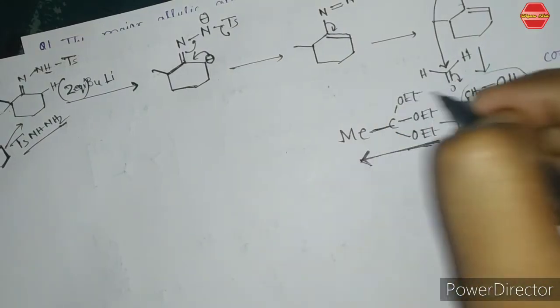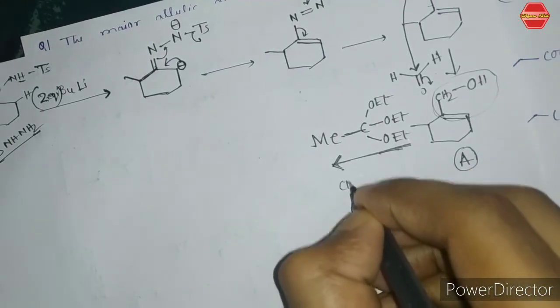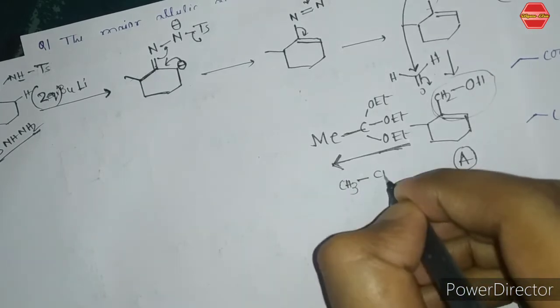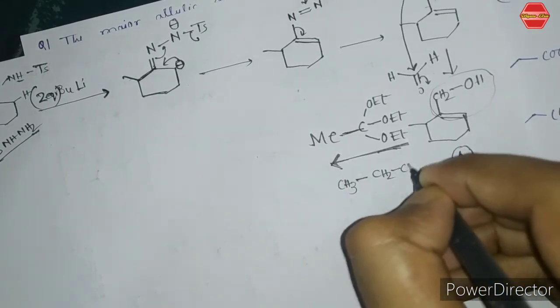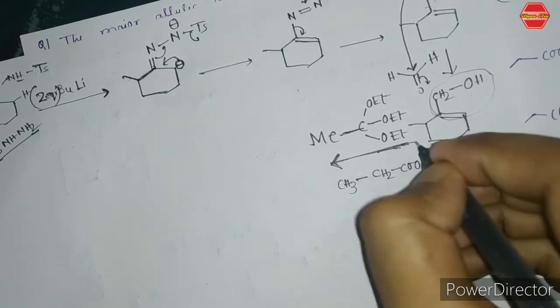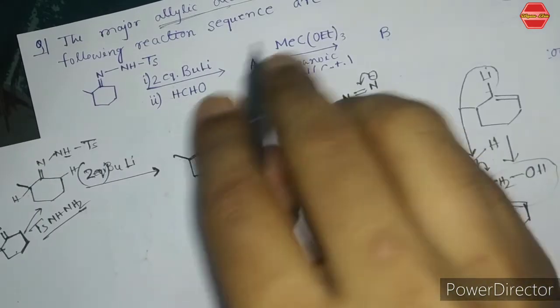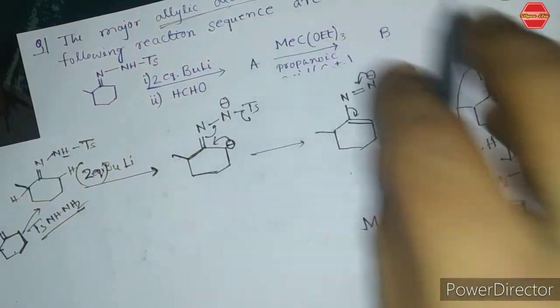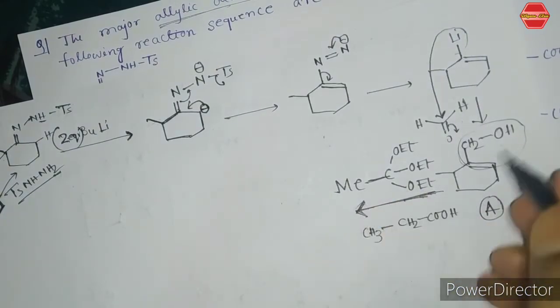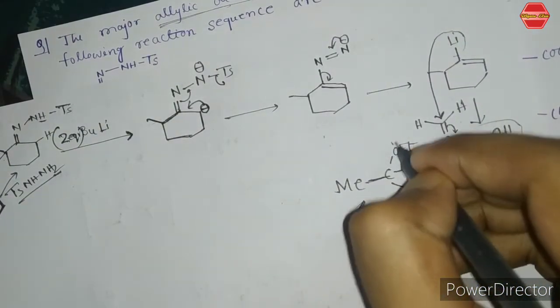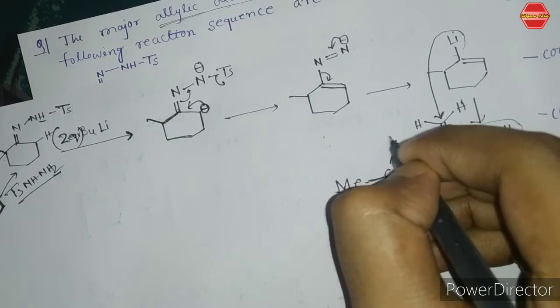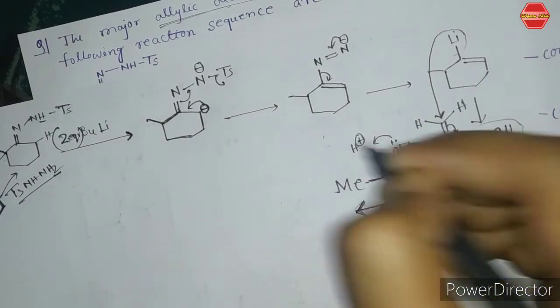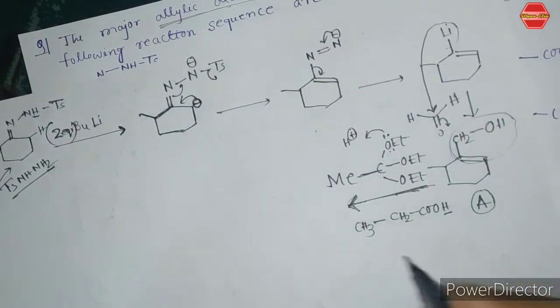Now, in the presence of propionic acid, what is the structure of propionic acid? The structure of propionic acid is CH3CH2COOH. This condition is given in acidic medium. If this is in acidic medium, then this oxygen has a lone pair of electrons and it can easily abstract a proton from here.